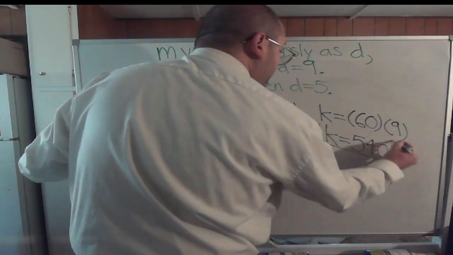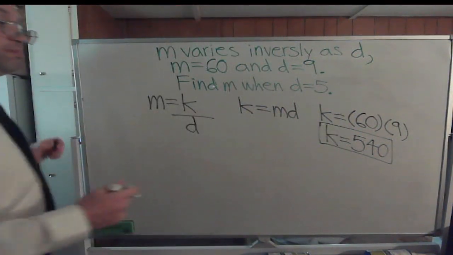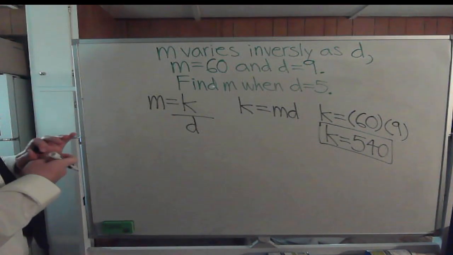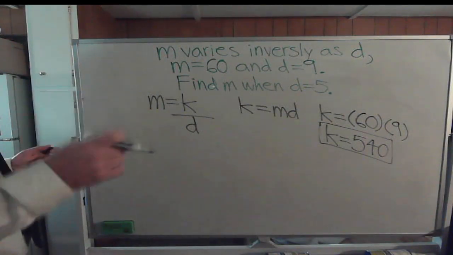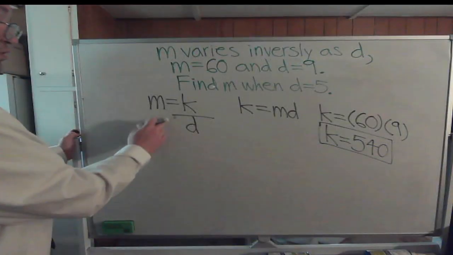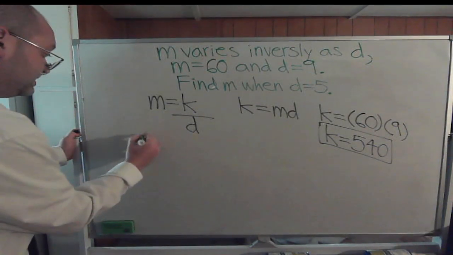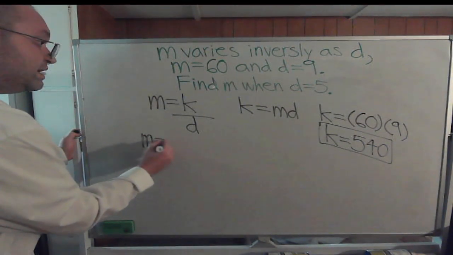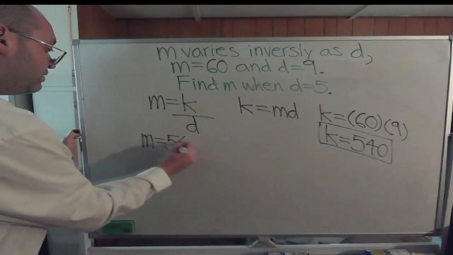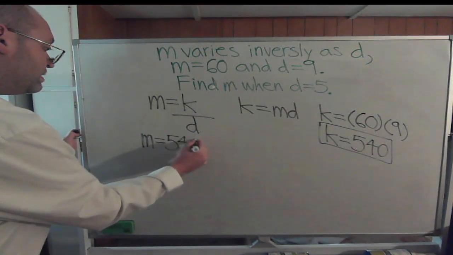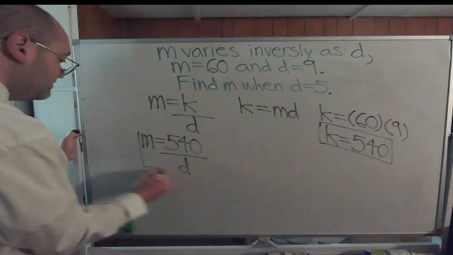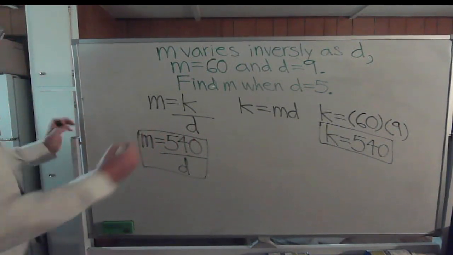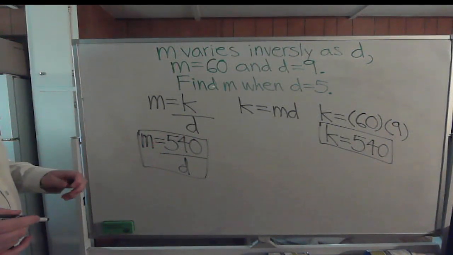So your constant of variation is 540. That's step one. Now we need to find our new equation with said constant. That's going to look like M equals 540 over D. So the new equation is M equals 540 over D.